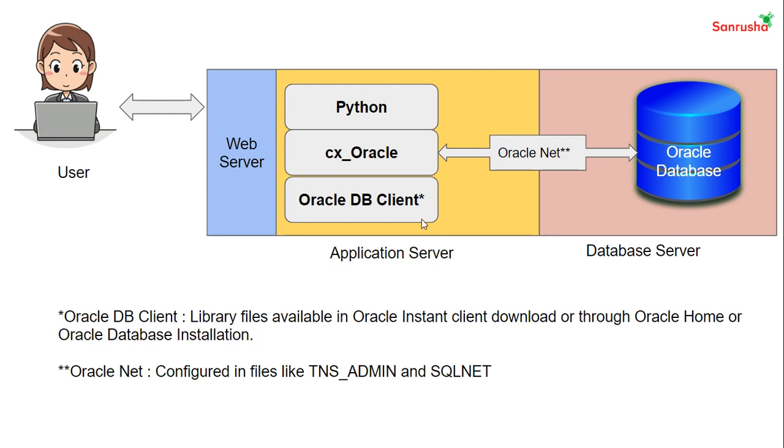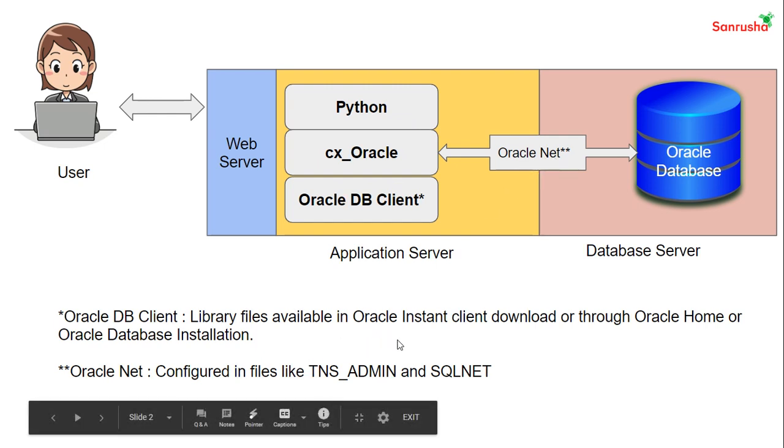Based on what kind of platform you are using and what kind of application you have, there are different Oracle Net configurations, called TNS admin, or there are different configurations possible in TNS admin, and direct connections are also possible. But let's understand: Oracle Net is TNS admin.